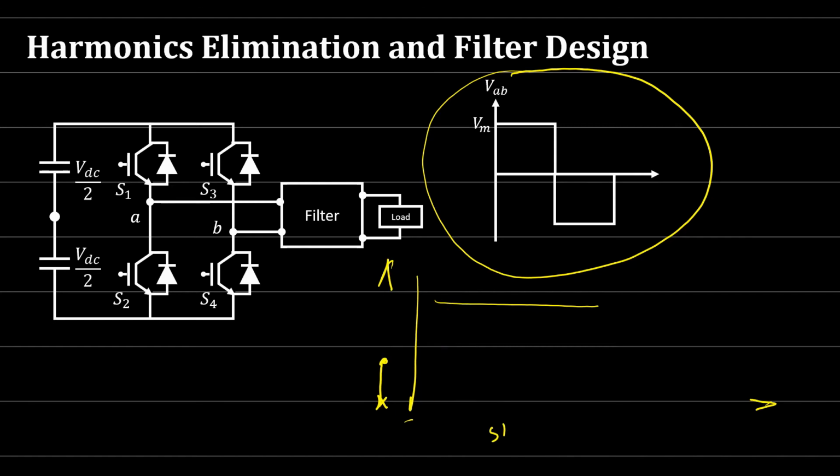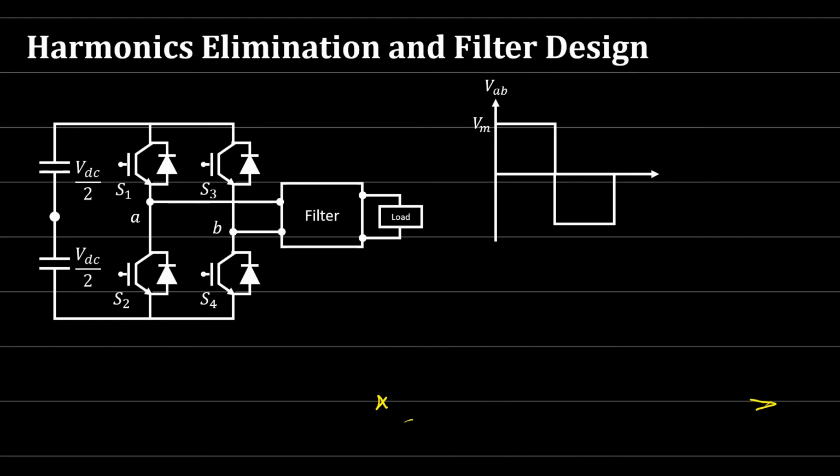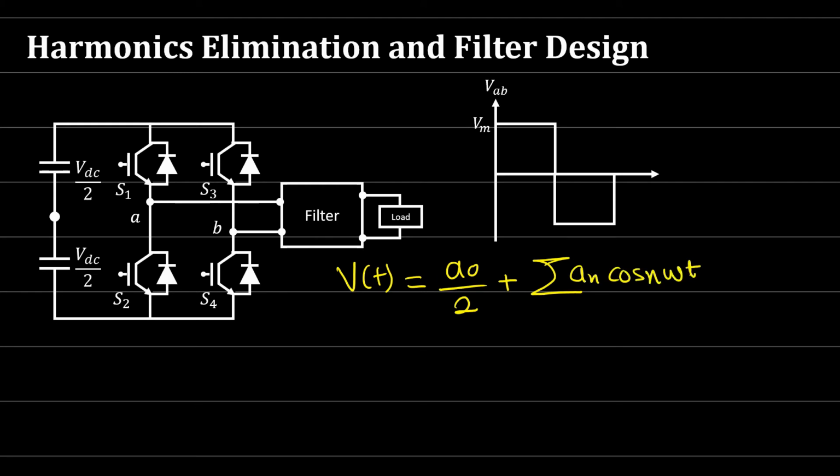Now, coming back to the Fourier series, we said that this square wave, which we can usually obtain from the output of the inverter, is equal to how much? If this is V of t, it will be equal to A naught over 2 plus the sum of An cosine n omega t, where n is from 1 to infinity, plus the sum of Bn sine n omega t, where n is from 1 to infinity.